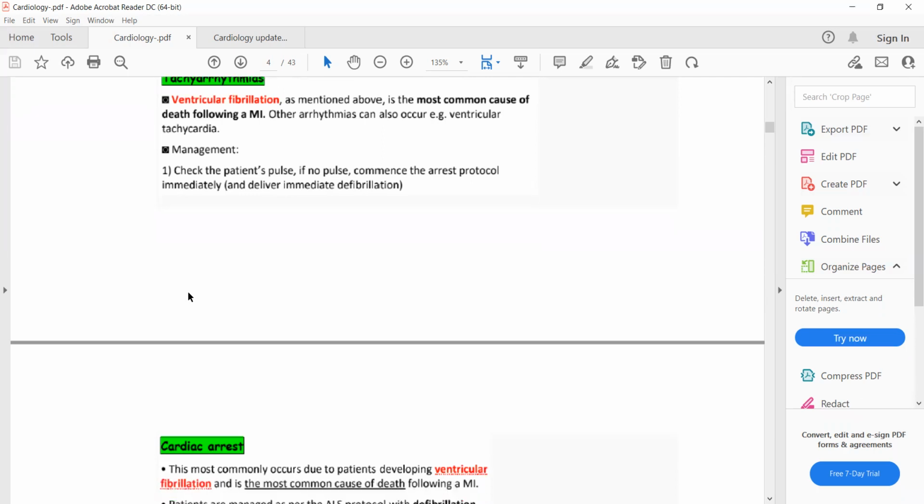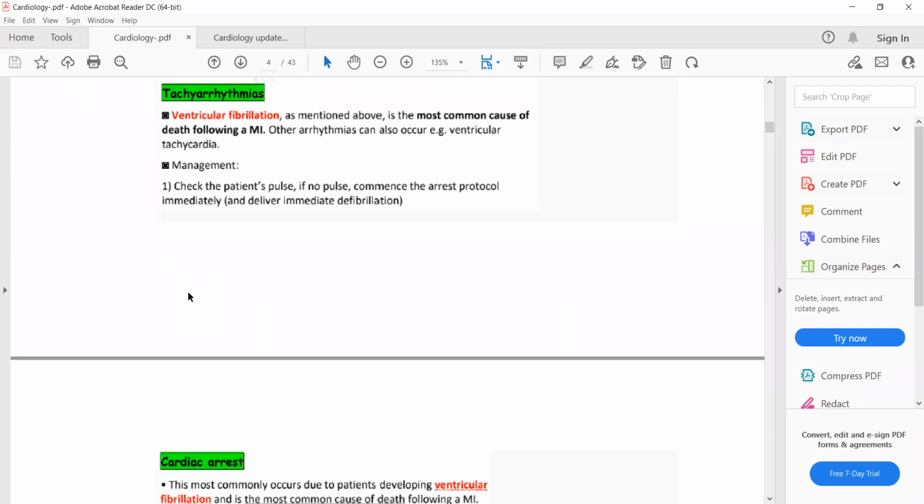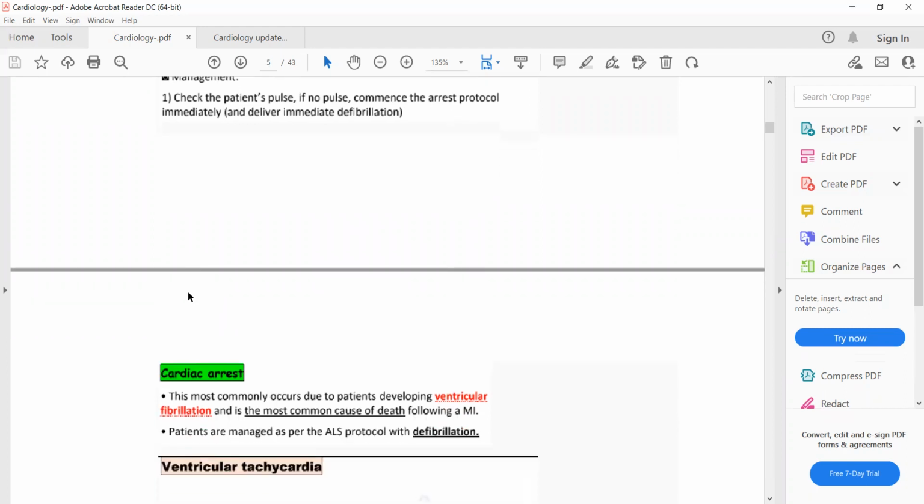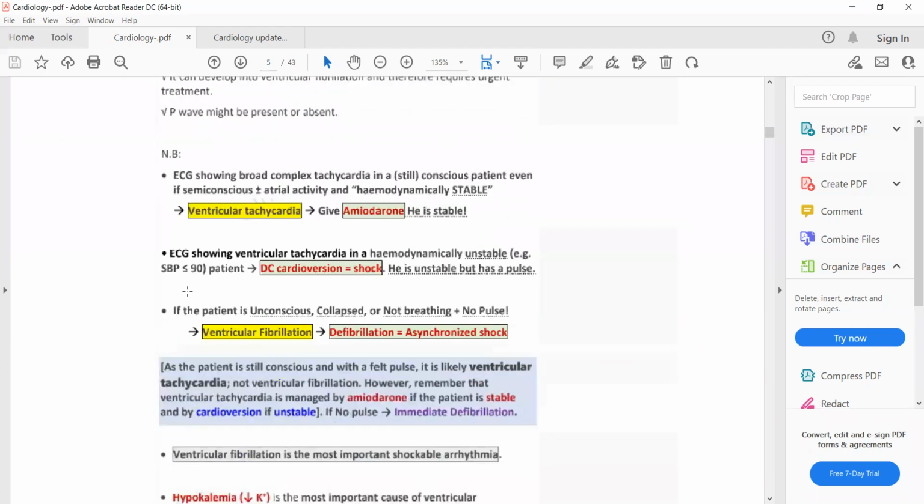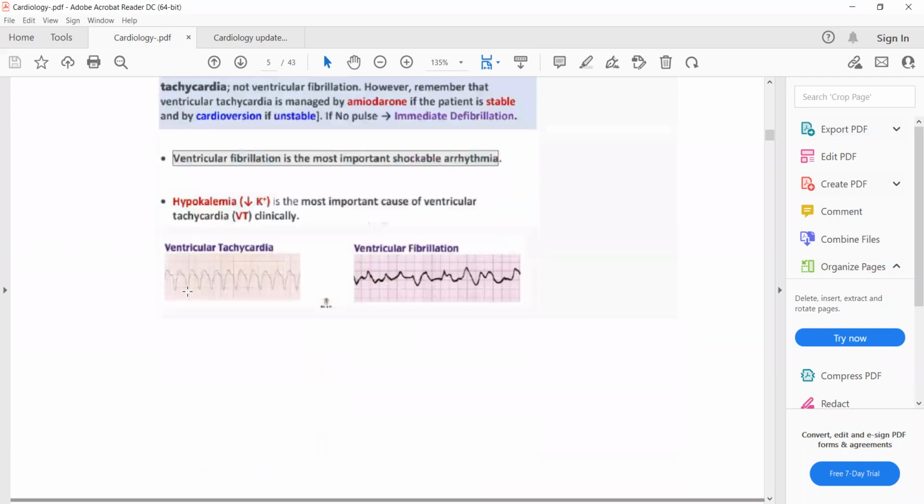How are we going to diagnose ventricular fibrillation or ventricular tachycardia following an MI? Now look at this diagram. This is an ECG of ventricular tachycardia.